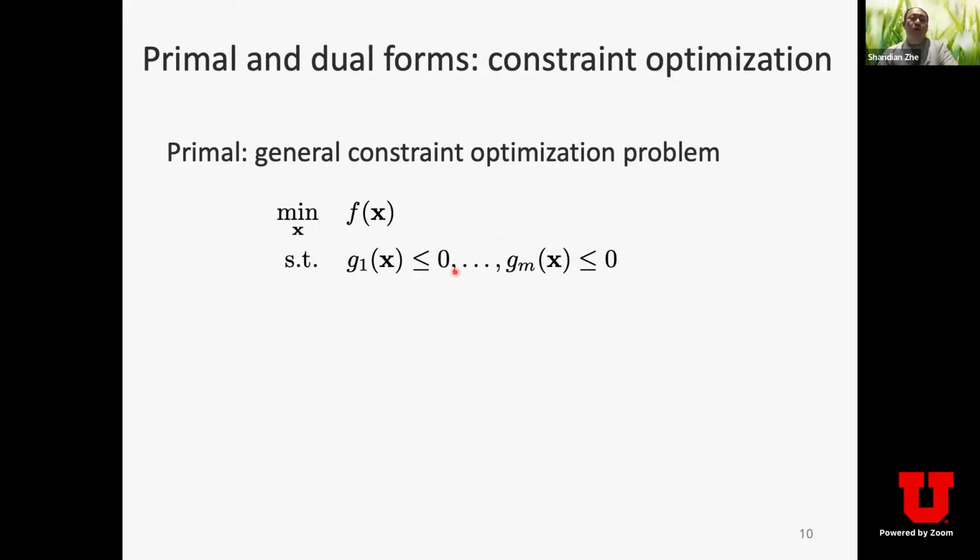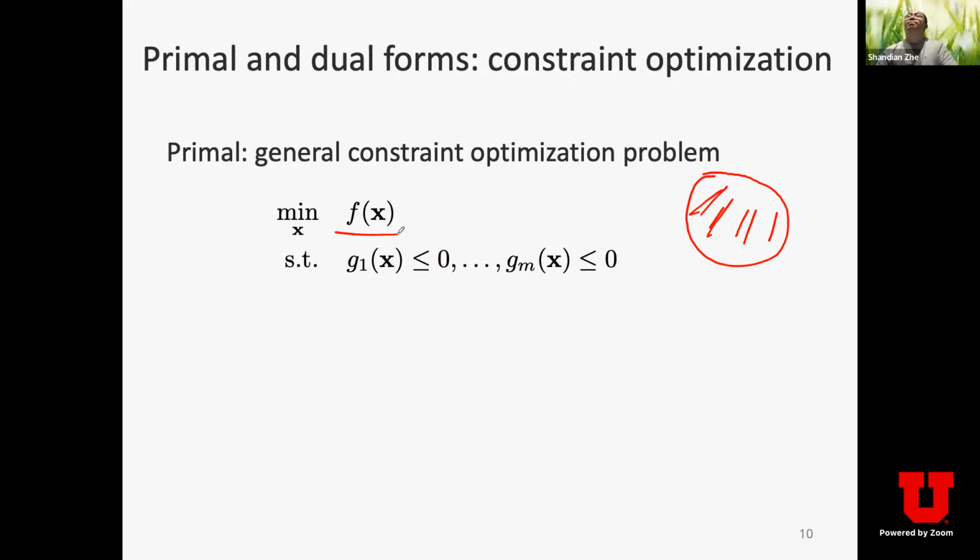Basically, all the x that satisfy those inequalities form a subset of x, and that is called the feasible region. We want to minimize f of x on this feasible region. We want to pick an optimal x in this feasible region which minimizes f of x.